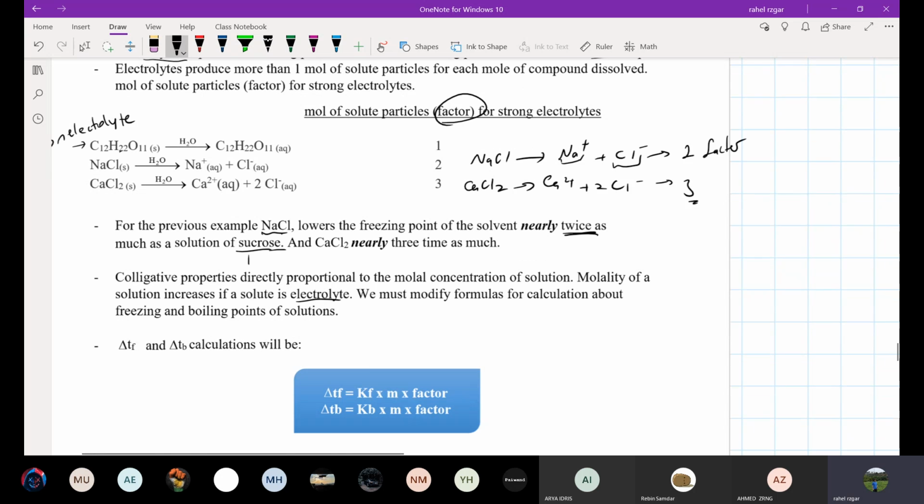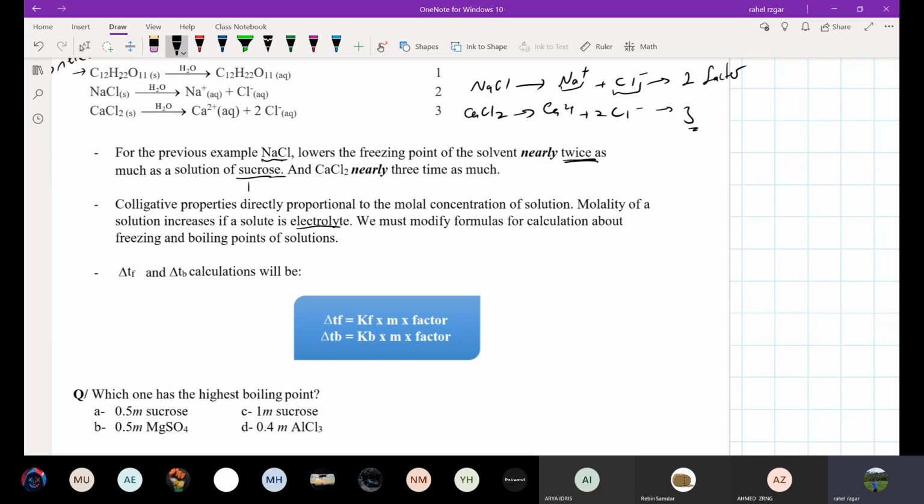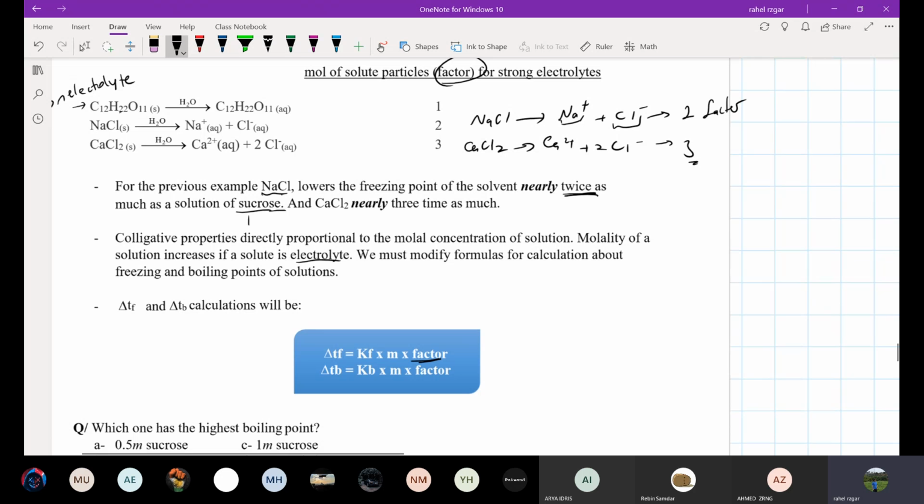That's why, what are we going to do about the equation? This is the equation. This is the original equation, actually. Delta Tf is equal to K times molality times factor. What is the factor? The one like 2, 3. For non-electrolytes it's always 1. Since for non-electrolytes it's always 1, in the previous questions, we didn't write 1.